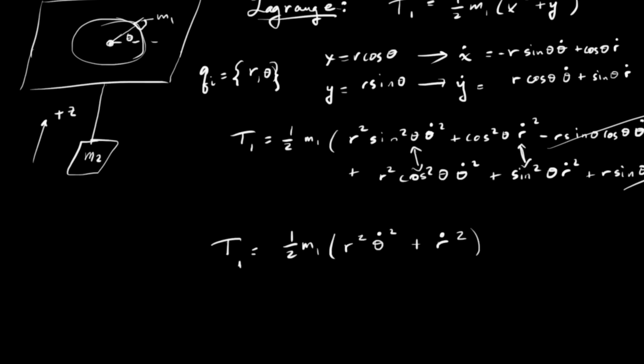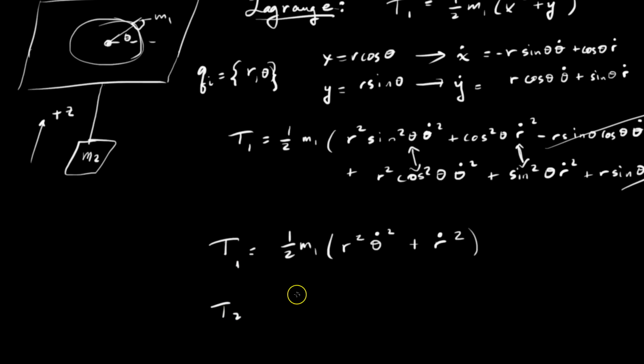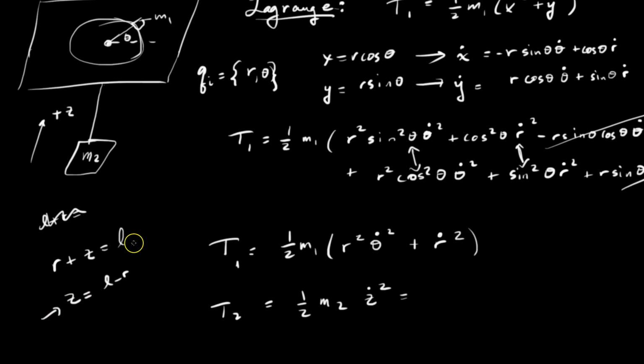T2, very easy. T2, it's only in the z direction, so it's just 1/2 m2 z dot squared. But what's z? Well, we know that R plus Z is L. So Z is just L minus R. Very simple. We didn't have to take any derivatives. We just have the length.